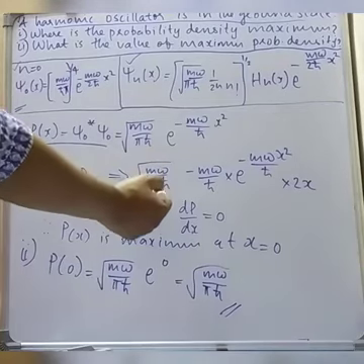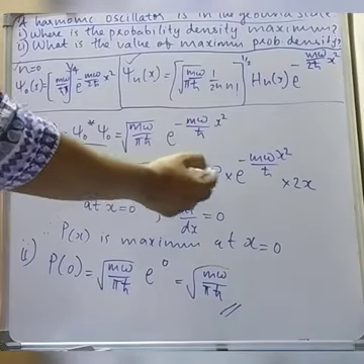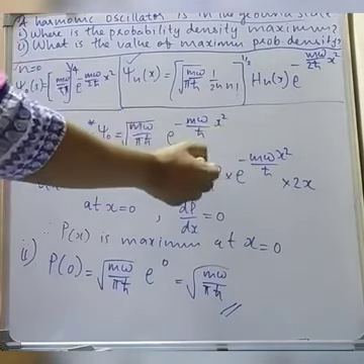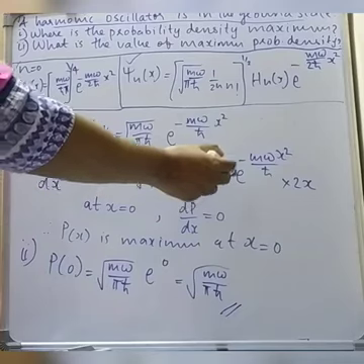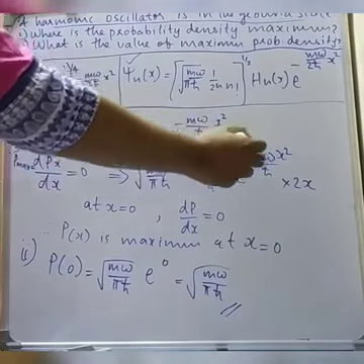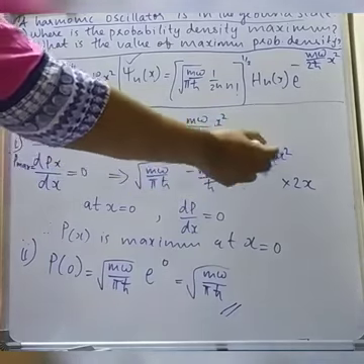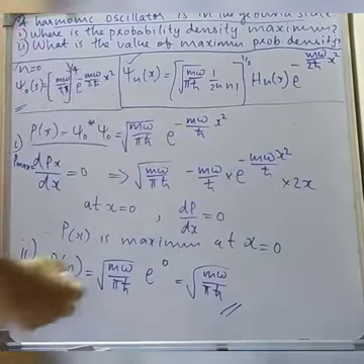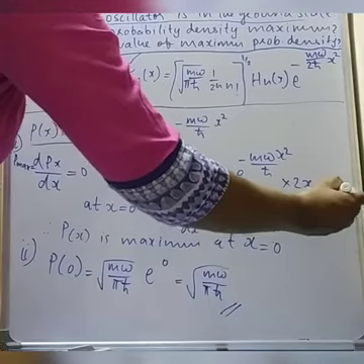So I have differentiated it. The constant comes out of the differential of the exponential, giving minus m omega by h cut into e raised to minus m omega by h cut x square, and again the differential of the x square with respect to x. This is equal to 0.